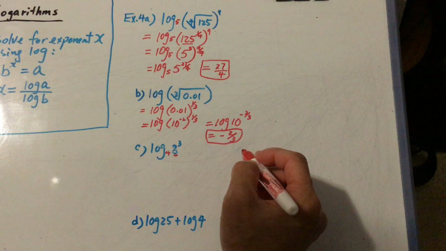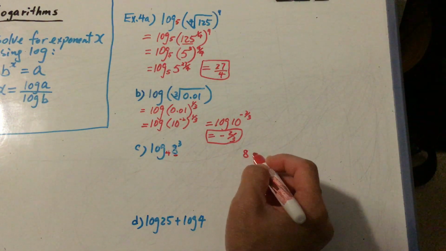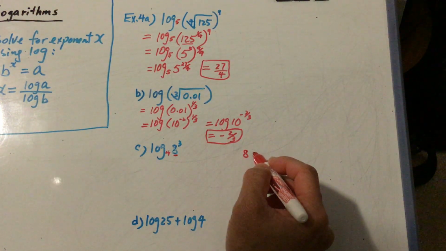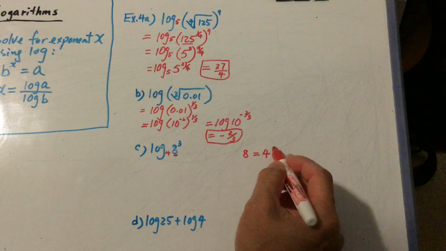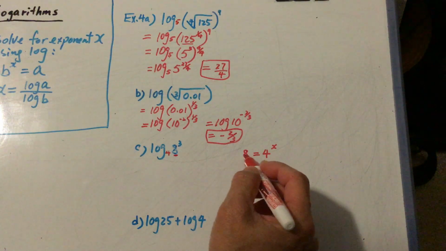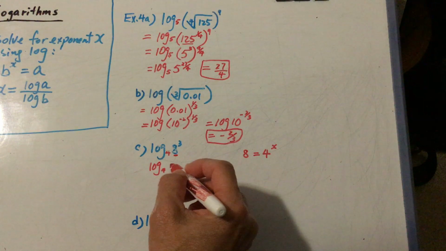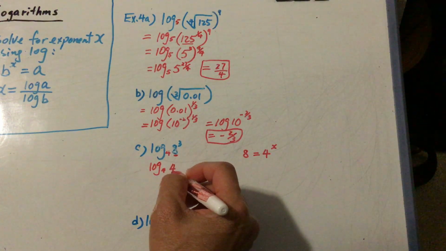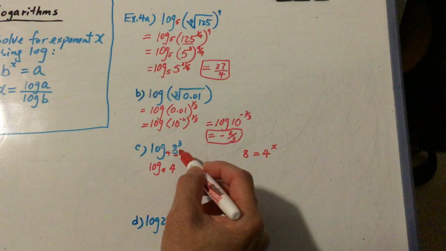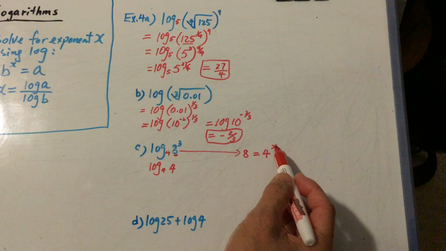So how can I change the 8 in terms of the base of 4? Let me set something like this here, so that this has to be 4.